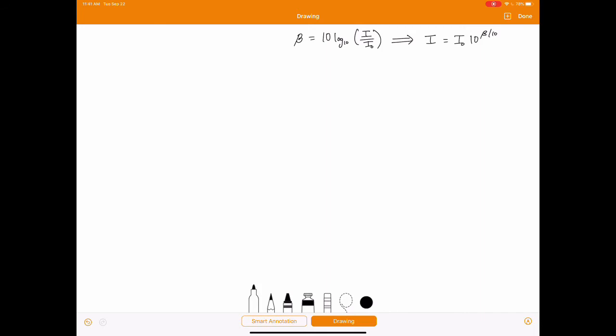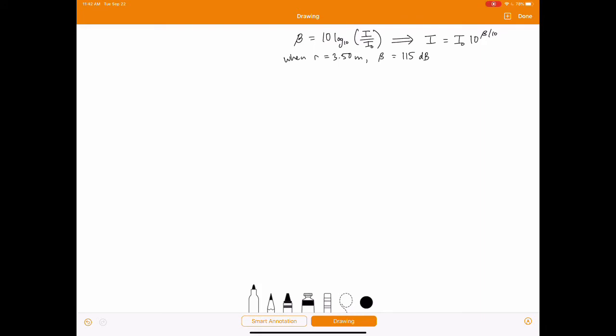And when you're standing at a distance of r = 3.5 meters, we're told that β, the sound level, is equal to 115 decibels.